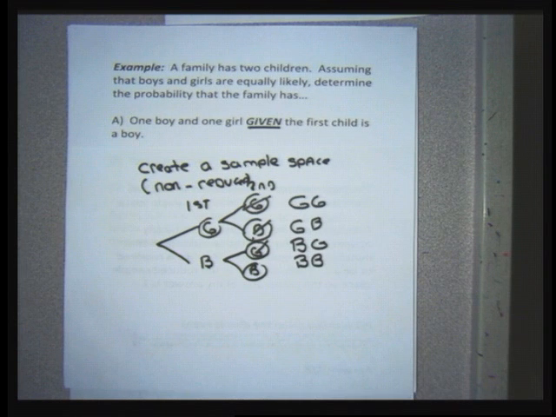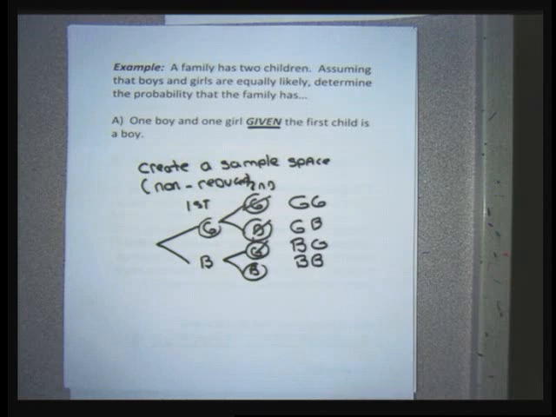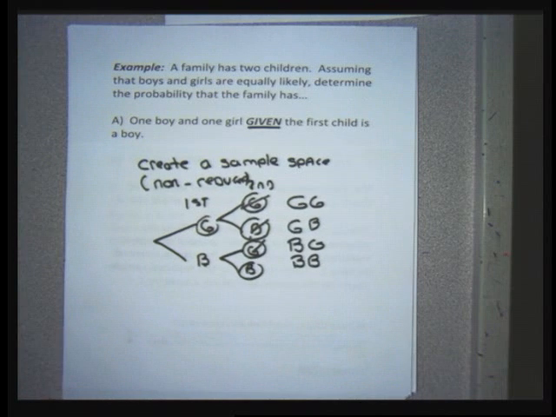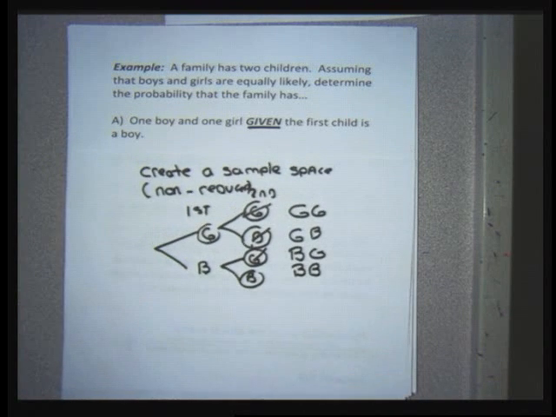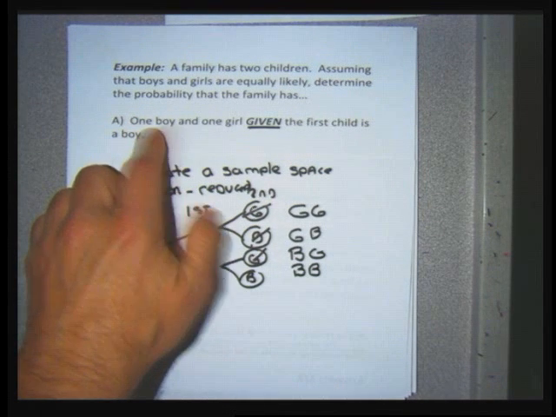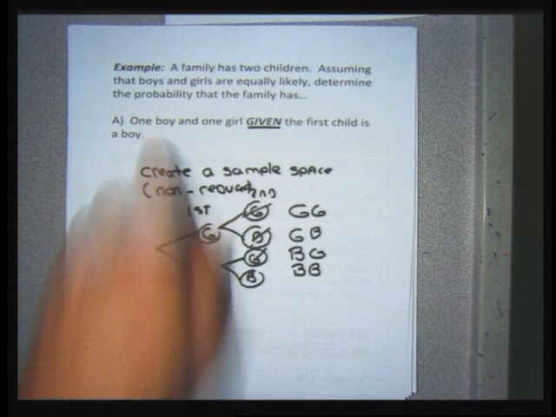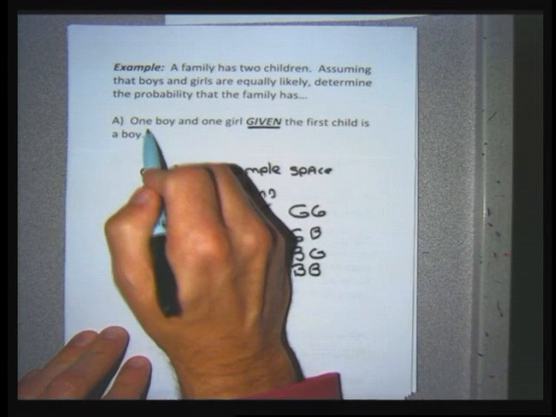Now for each of the parts, I need to pick the elements in the sample space that fit the criteria. So for part A, it says, what is the probability that the couple has 1 boy and 1 girl given the first child is a boy? So the first thing I'm going to do is create the reduced sample space.